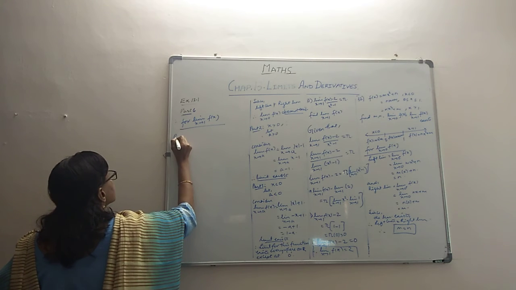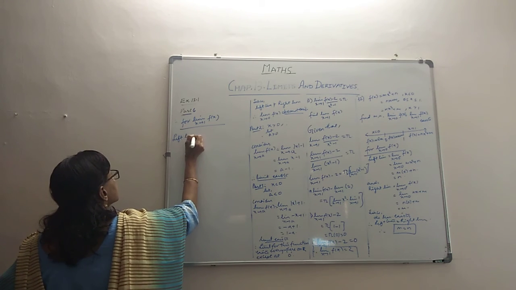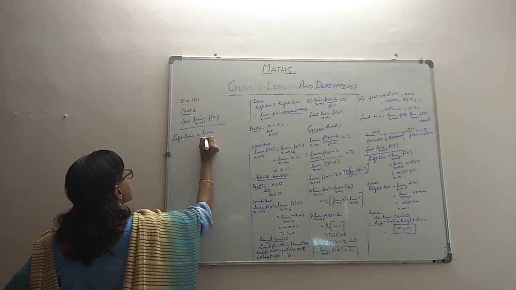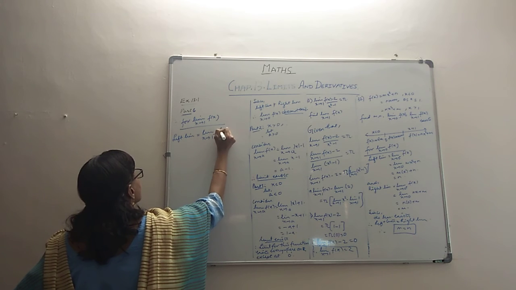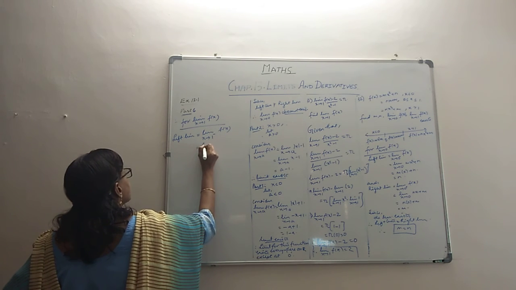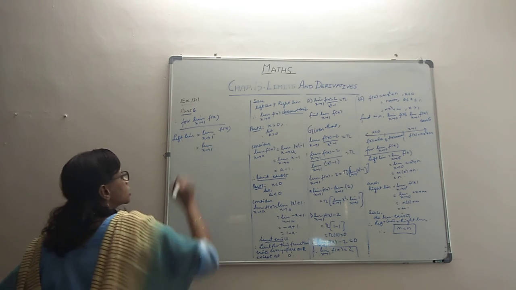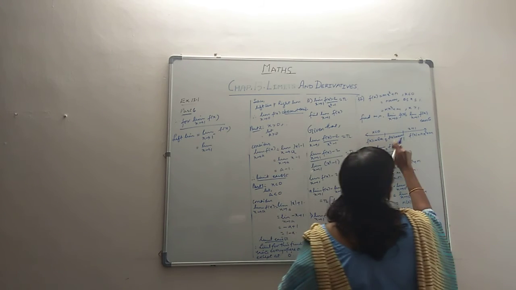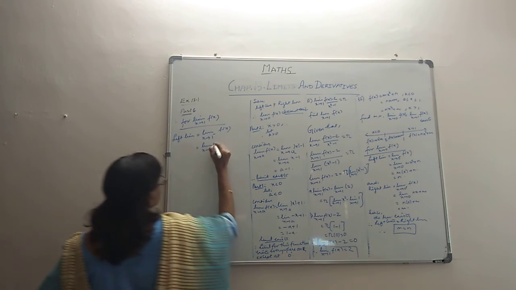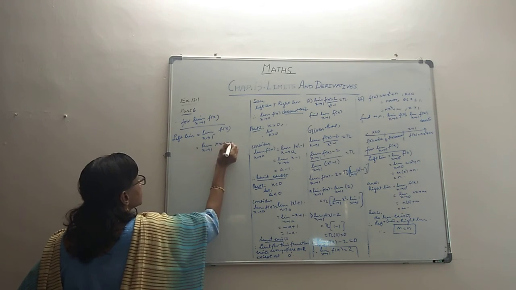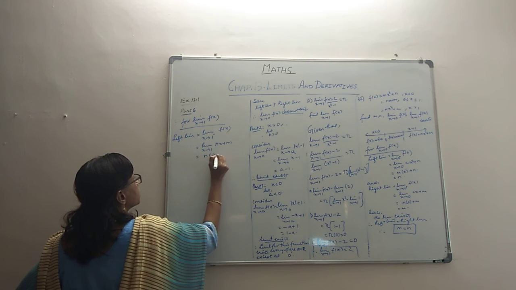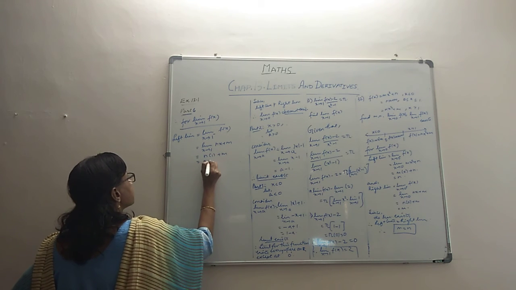Yeah, we will take the left limit. Limit as x tends to 1 from the left side of 1 of f(x). On the left side of 1, the function is defined as n x plus m. So on substitution, n times 1 plus m, which means n plus m.